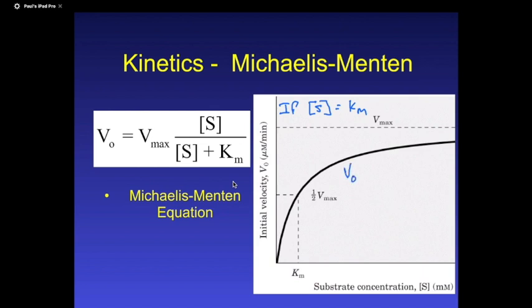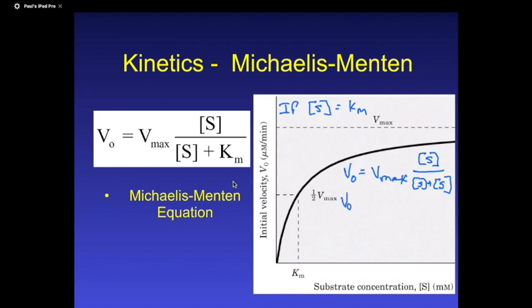Well, the velocity is equal to Vmax times the substrate on the top, and on the bottom, if I said this is equal, I can just substitute in the substrate, because that's what I defined it as being.